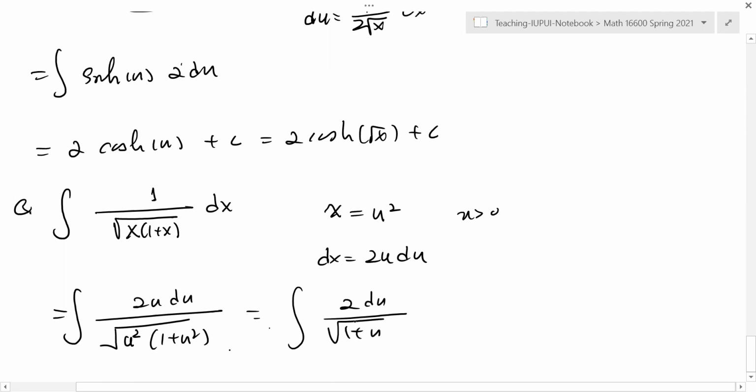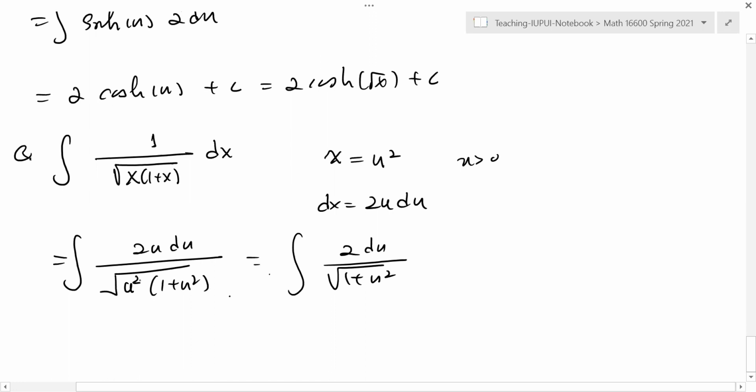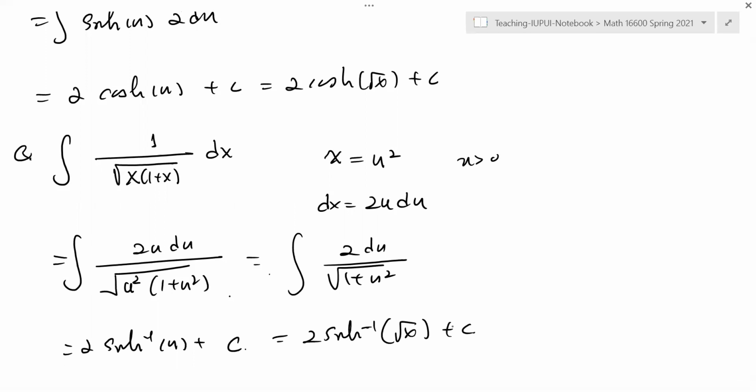And then you only get, the square root of u squared is going to be u, right? So u cancels out. So then you get this integral. And we know that this is going to be hyperbolic sine u plus C, right? And then what is u? u is going to be square root of x. Okay. So we successfully find the value of this integral.